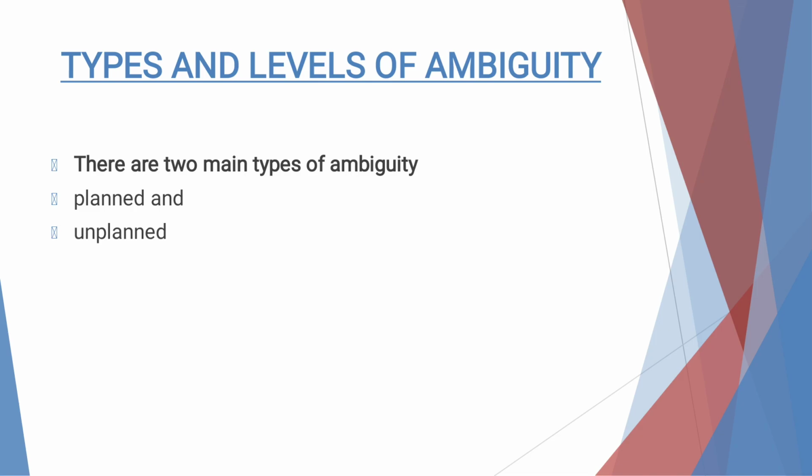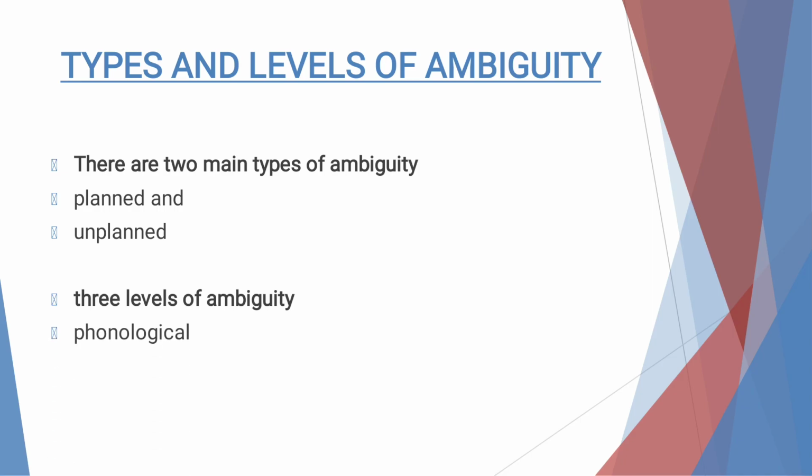But we have 3 levels of ambiguity. Types are 2. Ambiguity could be categorized into 2, planned and unplanned. But we have 3 levels of ambiguity.